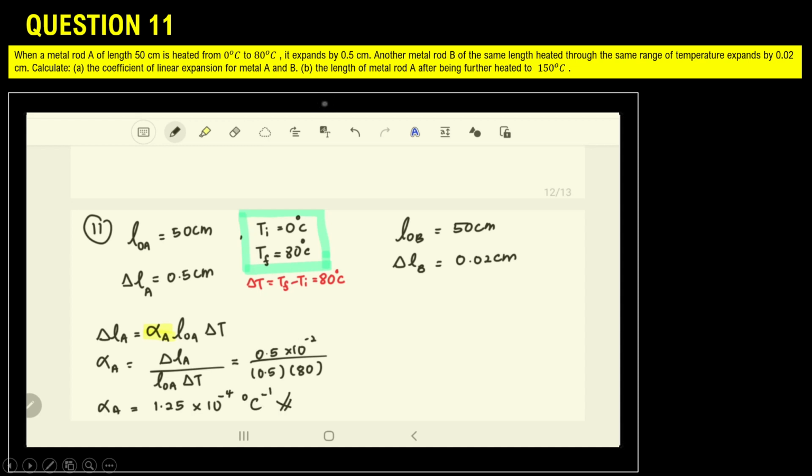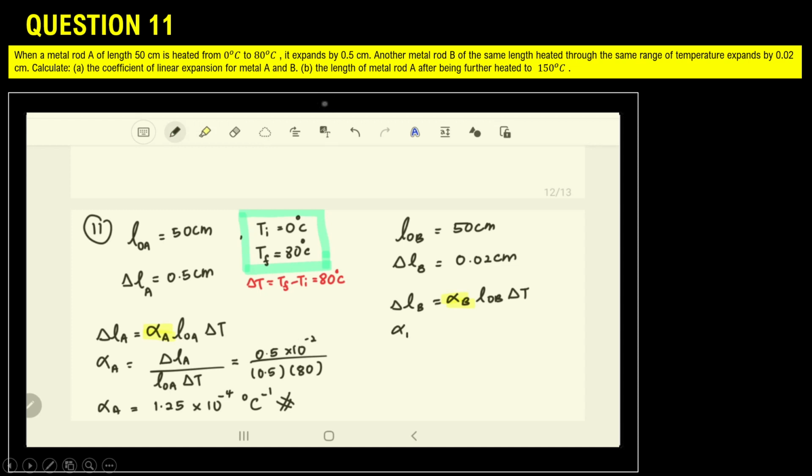Okay, so this is for A. While for B, we can do the same thing. So now delta L B is equal to alpha B L naught B delta T. So we want to find alpha B now.